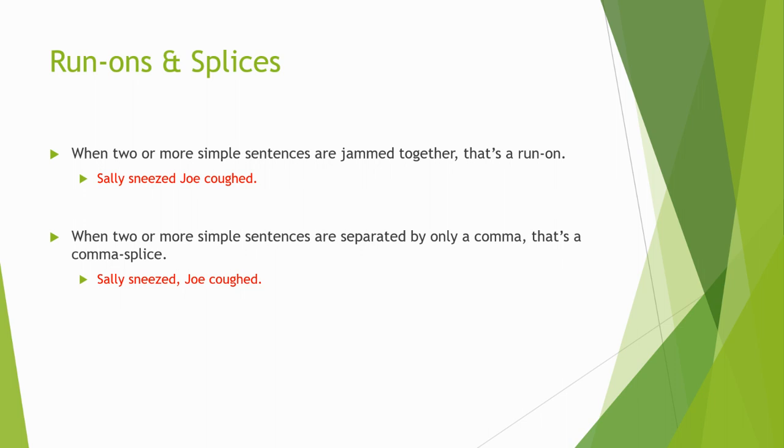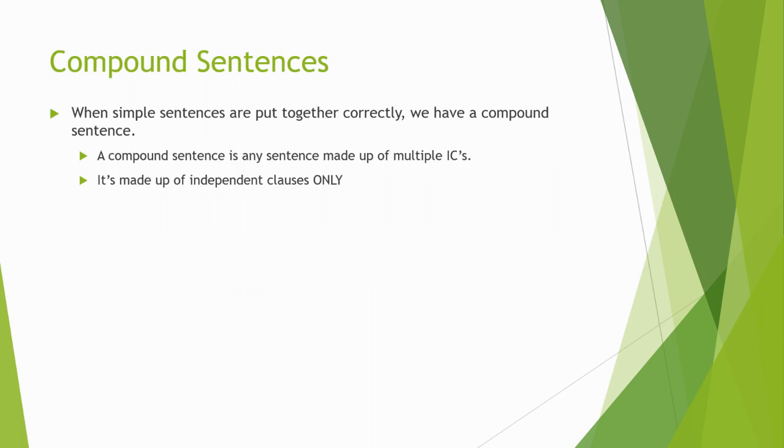In order to fix these mistakes, we need to turn them into compound sentences to correct them. Now there's some other options as well, but the simple fix is to just make them correct compound sentences.